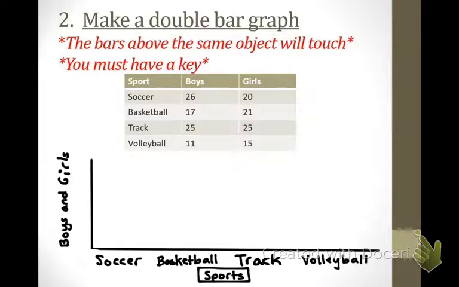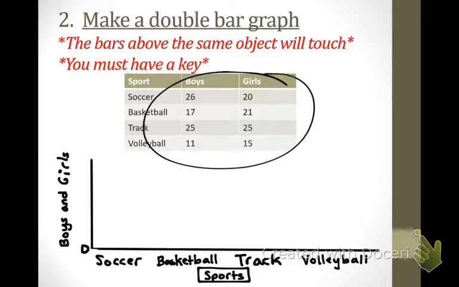In my notes, number 2 told me always start with a 0. So I'm going to start with that 0 down there at the bottom left. As I look at the range of these numbers, how big do I go up to with the boys and the girls information here? 26 is as big as I go. Now, we don't ever want to stop at the 26. We want to go just a tiny bit beyond.